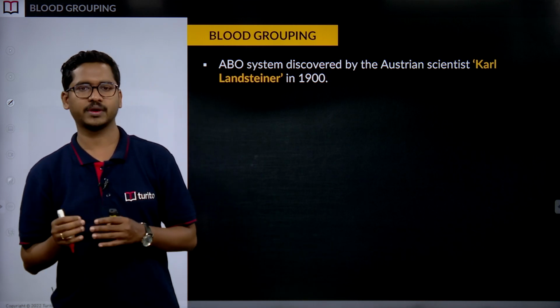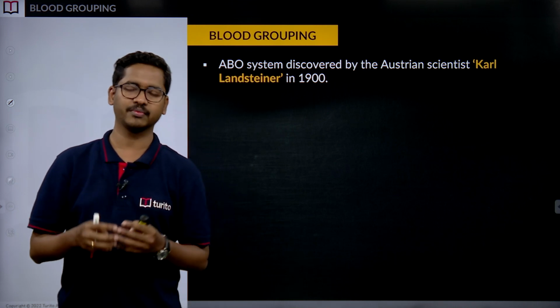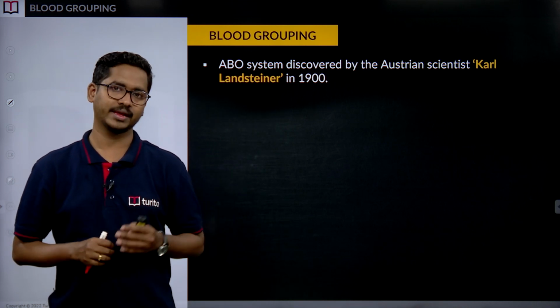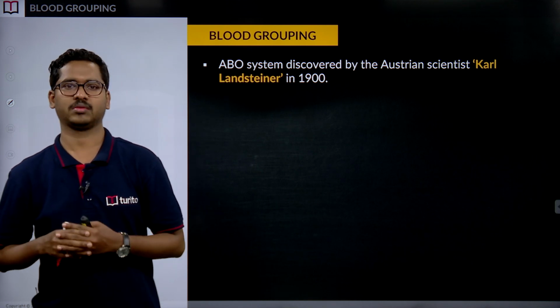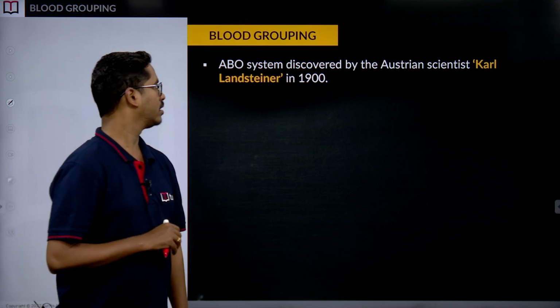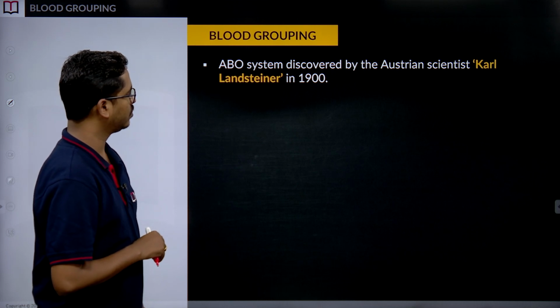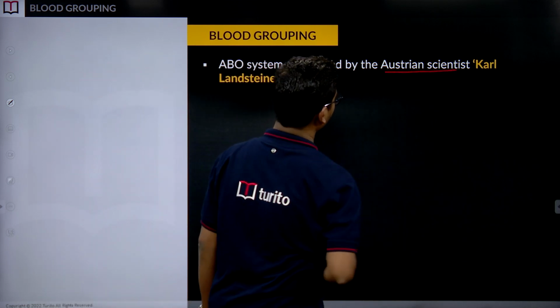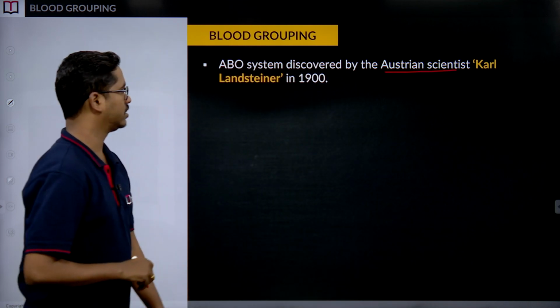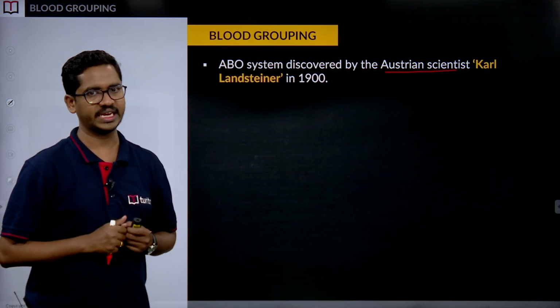It looks the same for everyone, I mean the color, but looking closely there are still differences. This system of ABO was discovered by an Austrian scientist, Karl Landsteiner, in 1900 AD.